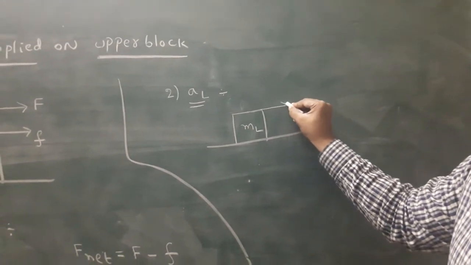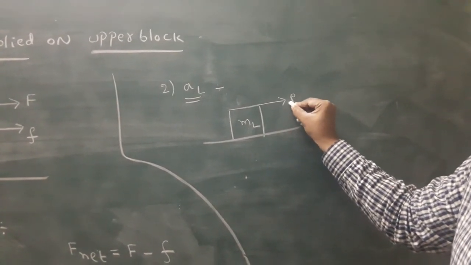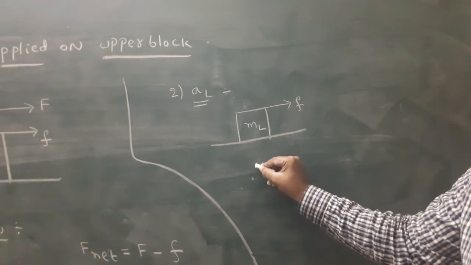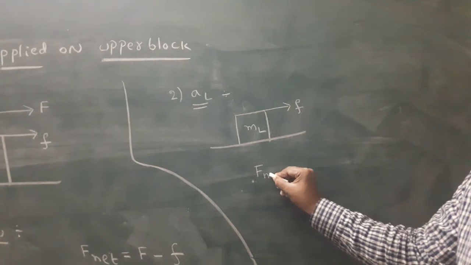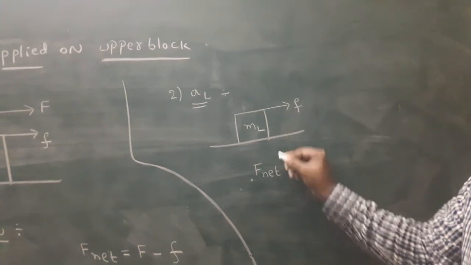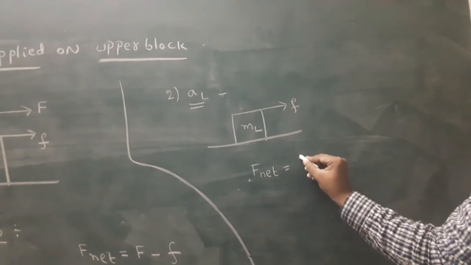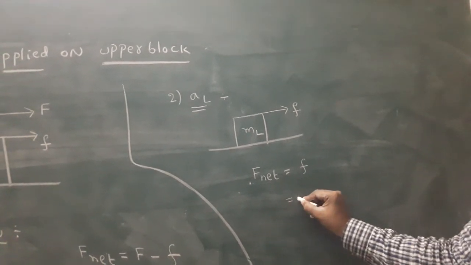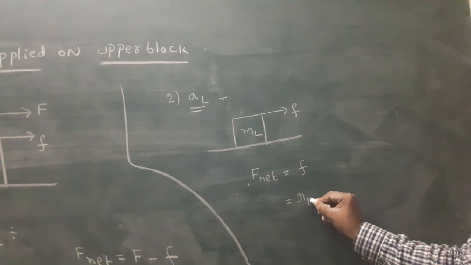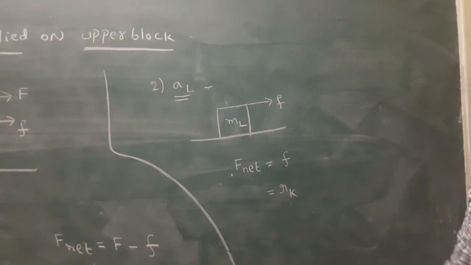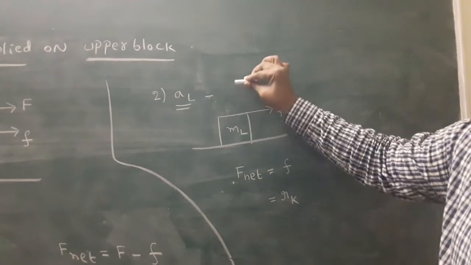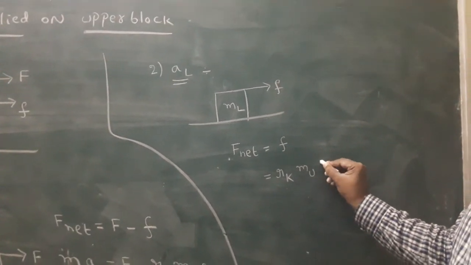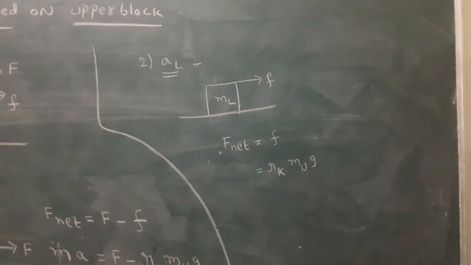Here only a single force acts on the lower block, that is frictional force. Net force is written as the frictional force, mu k into N. N means, on this rough surface, the weight of the mass above, mass of the upper block into g.